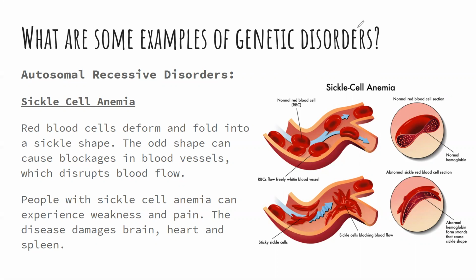They look sickled and I can't do my job, right? And so this shape, they're not a perfect bowl shape. They can't carry oxygen or move through the vessels easily. So they end up clogging up the vessels and causing blockages. And that stops your blood flow. And do you think we can afford to have obstructed blood flow? No.